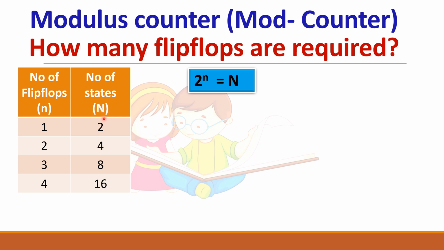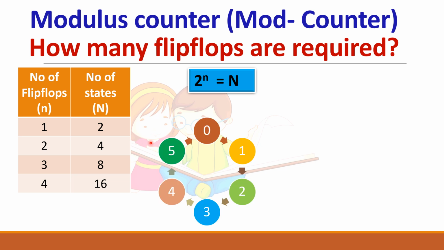Now, you see this table. Here the number of states is given as a multiple of 2: 2, 4, 8, 16. In case I need only 3 states, or 5 states, or 6 states, some states in between these numbers, what will be the number of flip-flops? That is what I am going to find out.